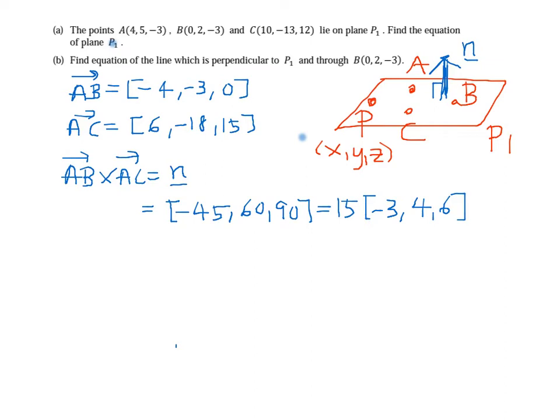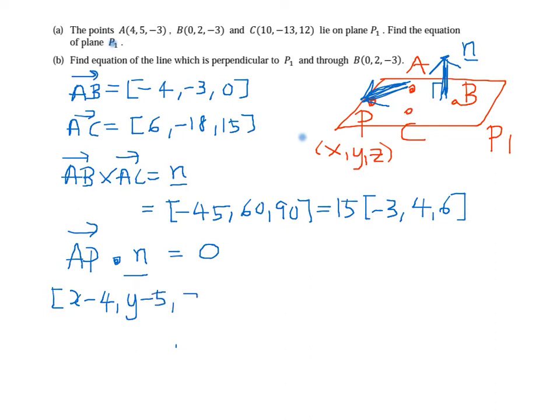So now the idea is to form the vector AP, and if you dot it with the vector N, they are perpendicular, so the result will be 0. The vector AP, of course, is x - 4, y - 5, and z + 3, and you dot it with -3, 4, 6.